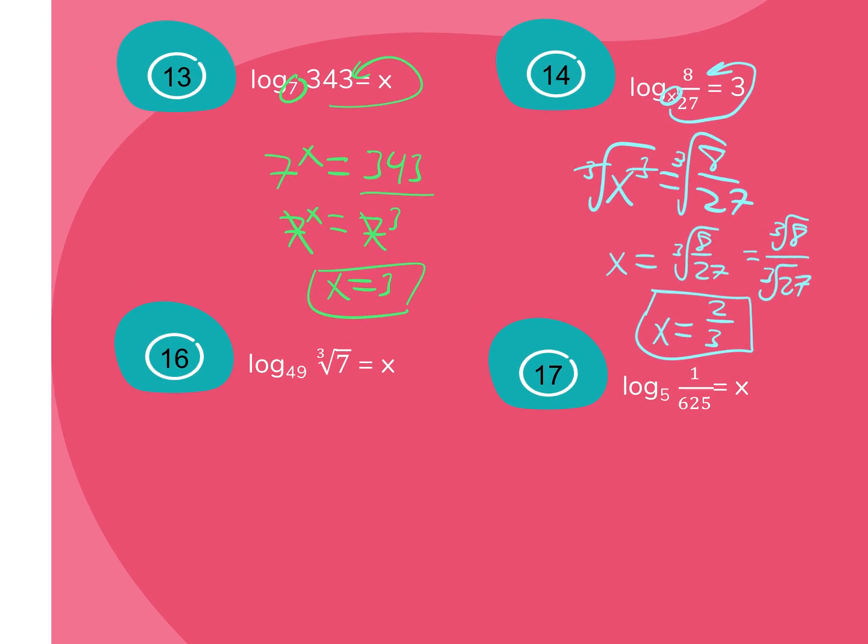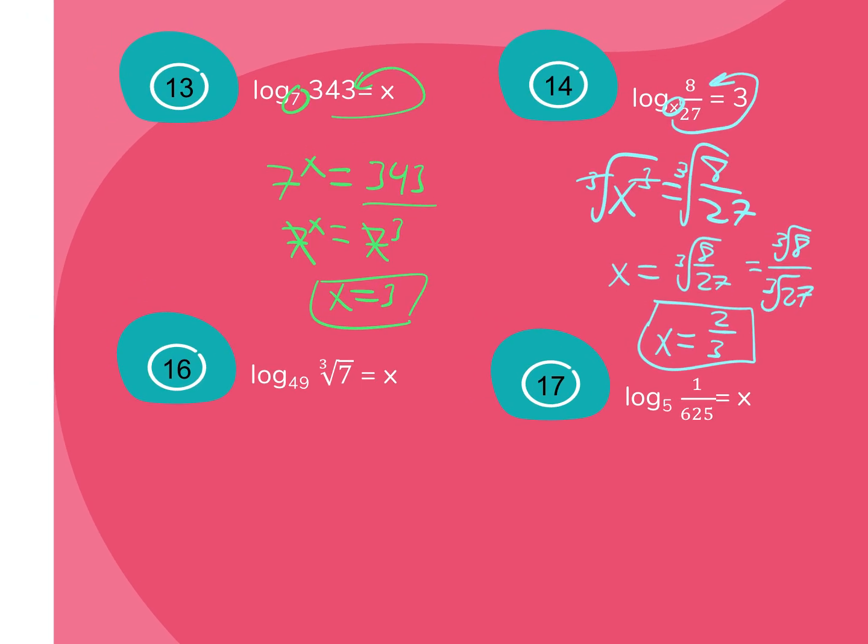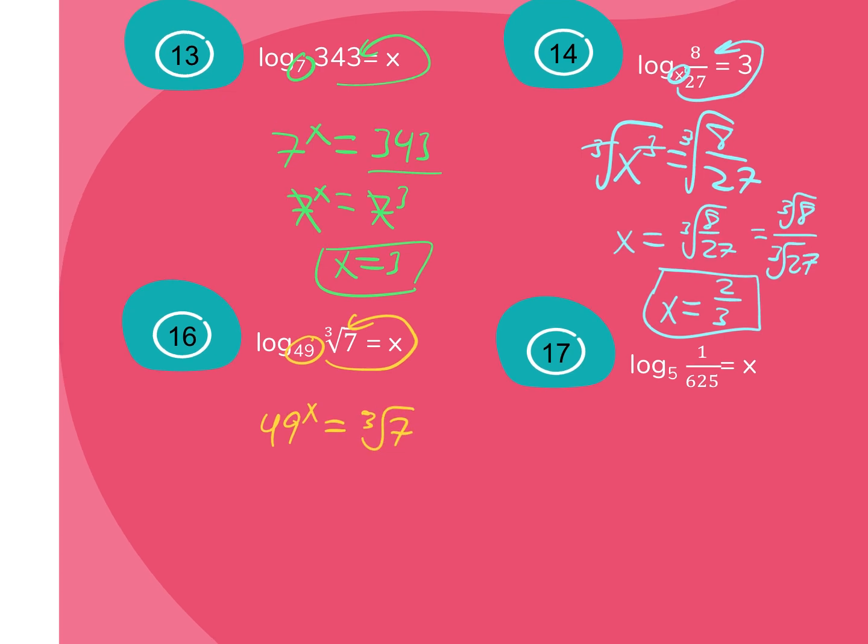Let's try the same thing here. All right, so I'm going to go ahead and change this to exponential, right? 49 to the power of x is going to equal the cube root of 7. Right, I see a 49 and I see a cube root of 7. I would think that you can change both of these to have a base of 7. So 49 is the same as 7 squared.